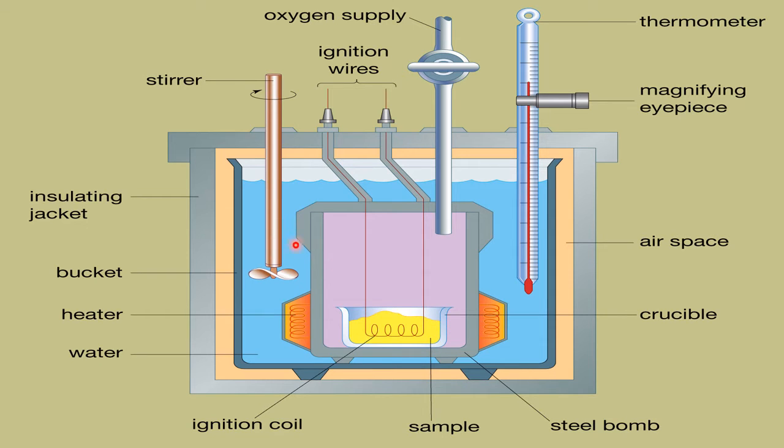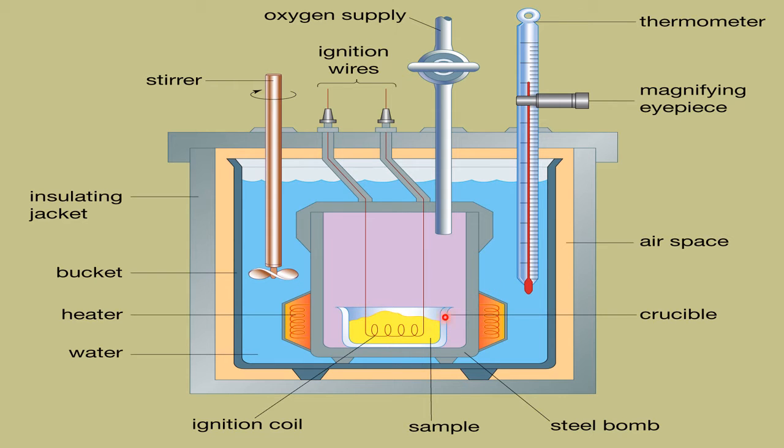Before you start the experiment, the present temperature of the water is noted using the thermometer in a separate observation book. Then here we have taken a small sample, and these are the electrodes, called ignition wires. When it is ignited, an enormous amount of heat is given out, which heats up the bomb.